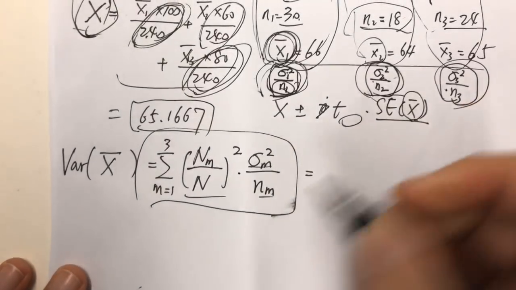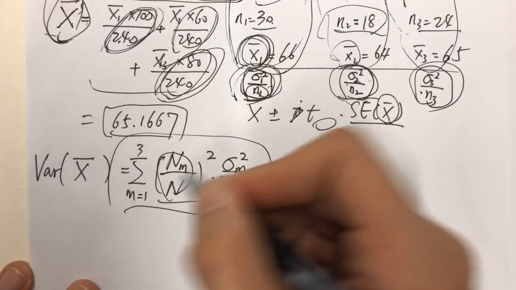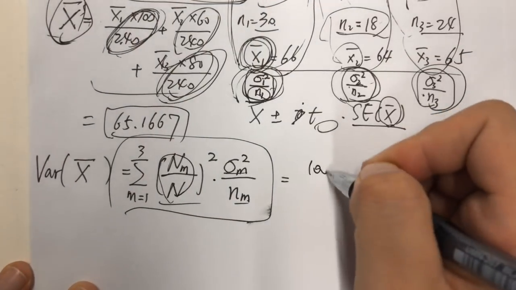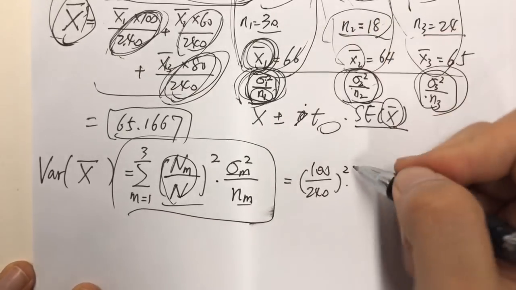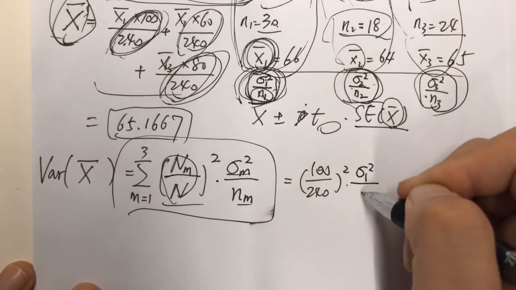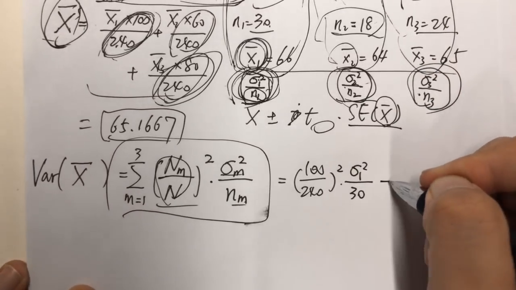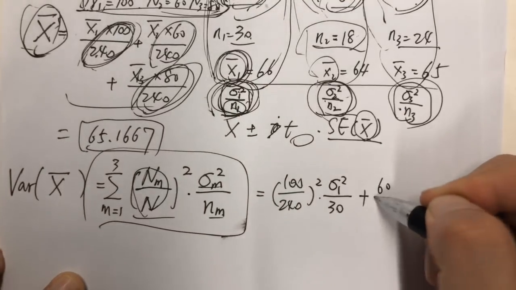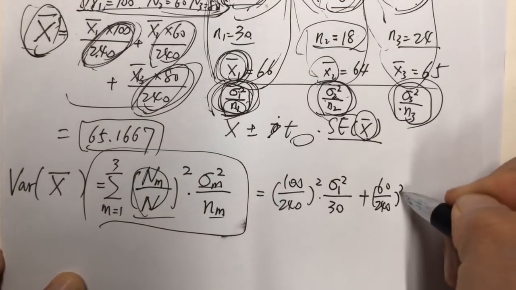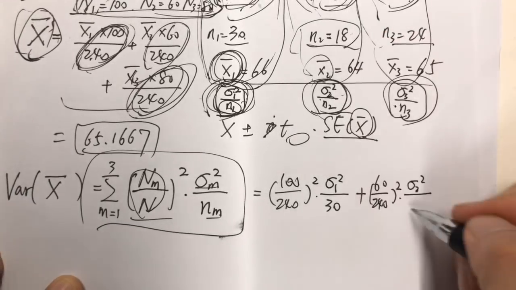So in applying this formula, let's do it together. Firstly, this proportion is 100 divided by 240, squared, times sigma 1 squared over n1. n1 is 30. Plus, the second one, 60 over 240 squared times sigma 2 squared divided by 18.